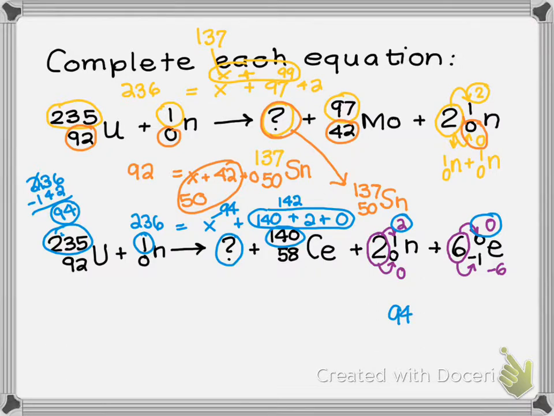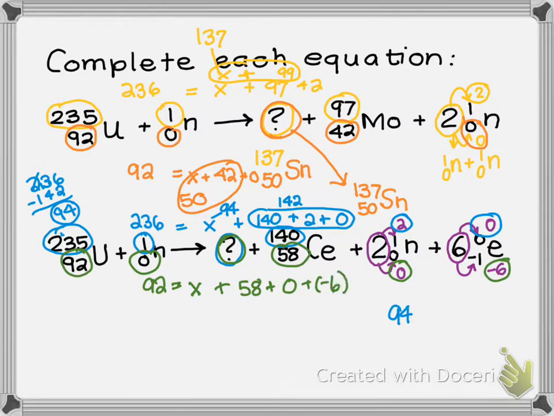And then I would do the same with the bottom. So this is 92 plus 0, so that's 92. That equals some number I'm trying to figure out, plus 58, plus 0, plus a negative 6. So these numbers all together equal 52.